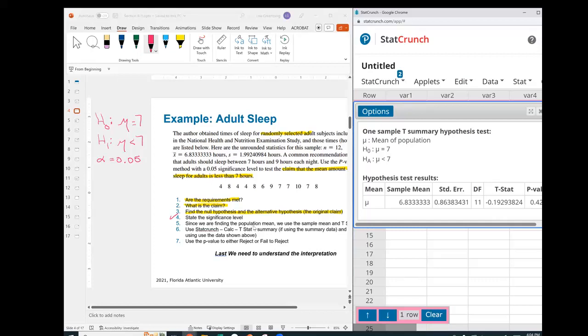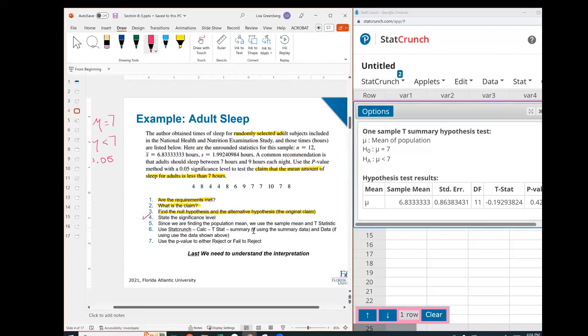Since we are finding the population mean, we use the sample mean and t-statistic, which is also called the test statistic. So that's right here. And there's my p-value. Okay, use StatCrunch.